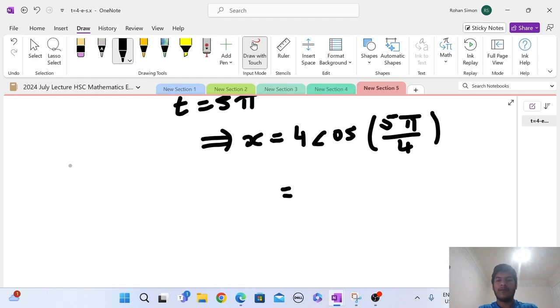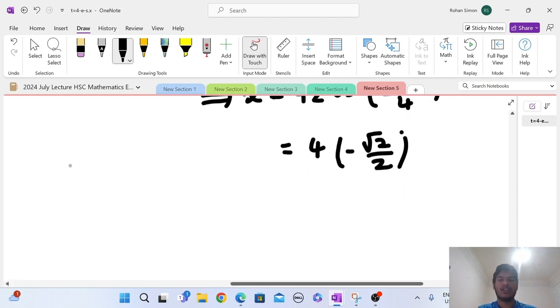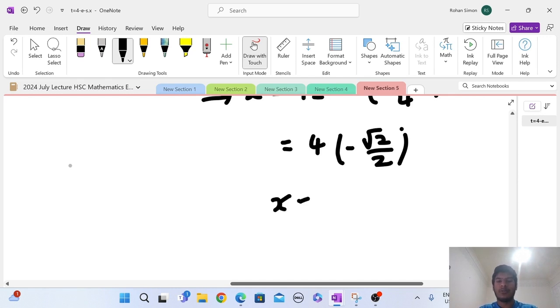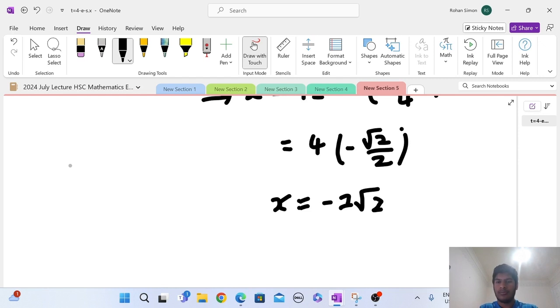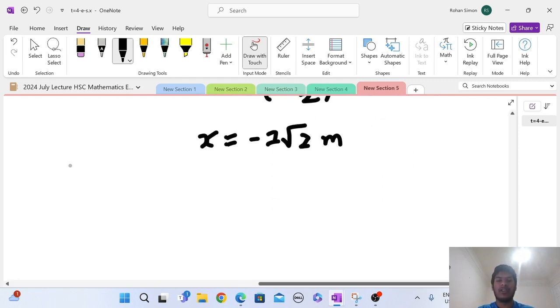And so we get 4 times minus 1/√2, we can say minus √2 on 2, just by rationalizing the denominator. And so if that cancels, we get x equals minus 2√2 meters. That's the position at which they collide at t equals 5 pi. At t equals 5 pi, x equals to that.